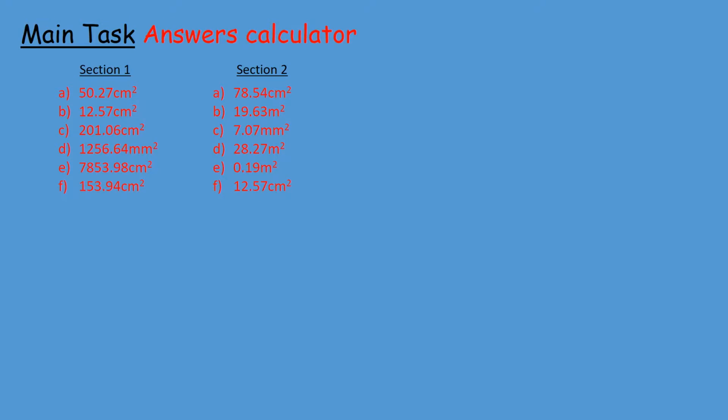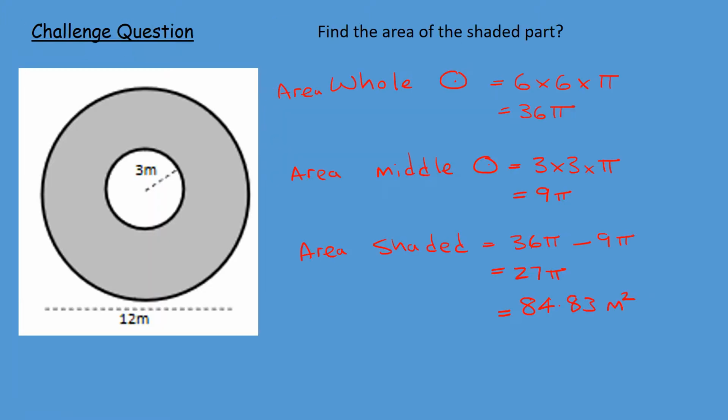Okay, so welcome back. Here's our answers to section 1 and section 2. And here is the answer to the challenge question. So the way that I did it is I said, well, the whole thing would have a radius of 6 meters.